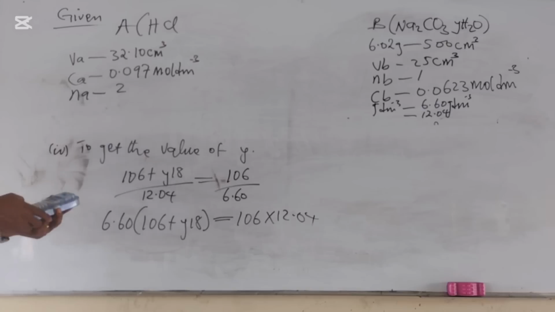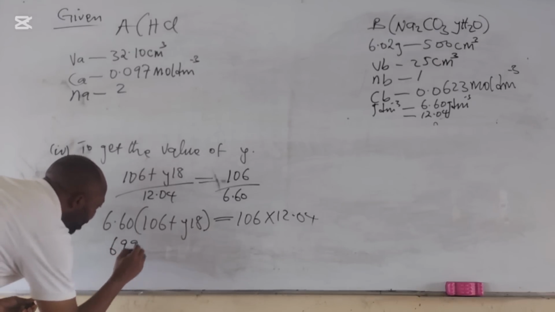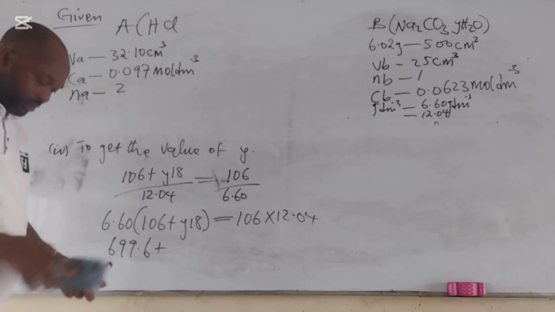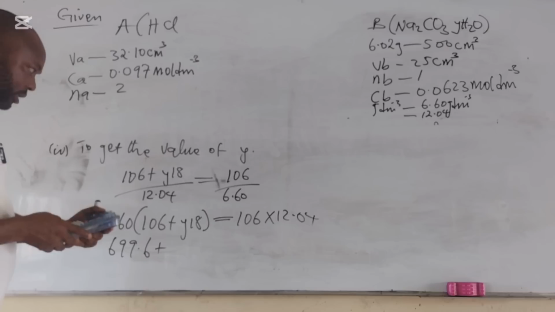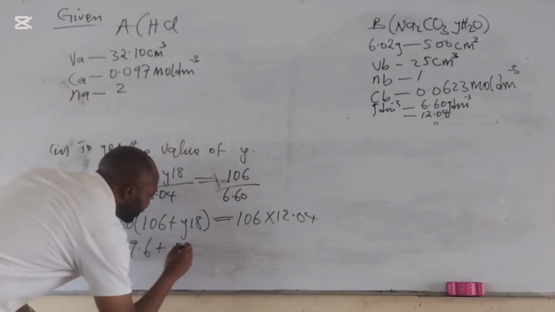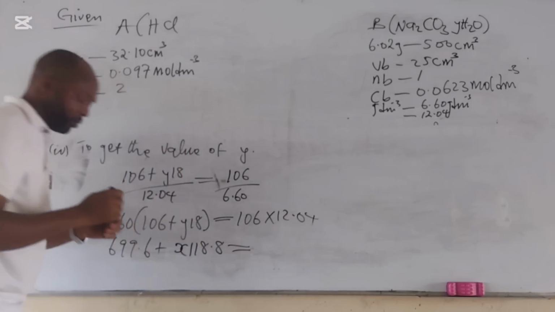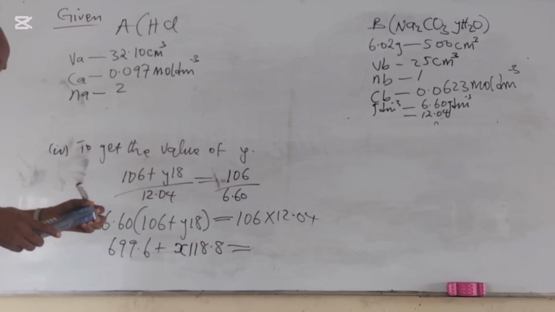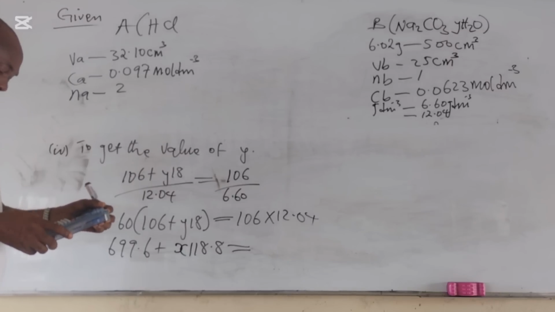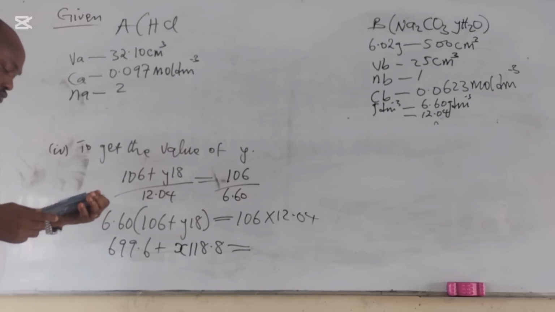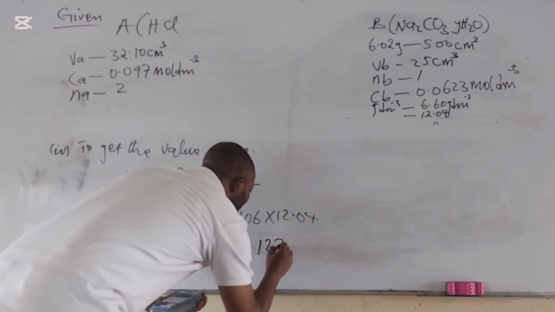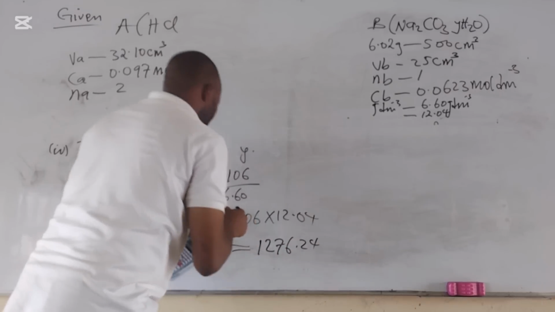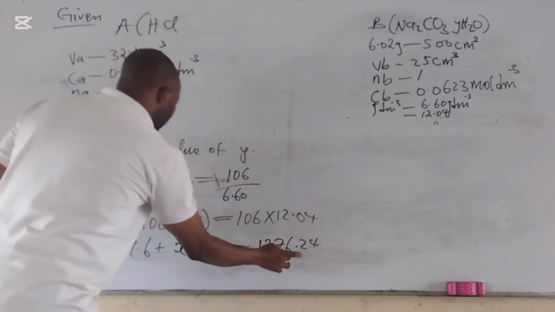So 6.6 times 106 is 699.6, plus 6.6 times 18, which is 118.8 Y, equals 106 times 12.04, which is 1276.24.